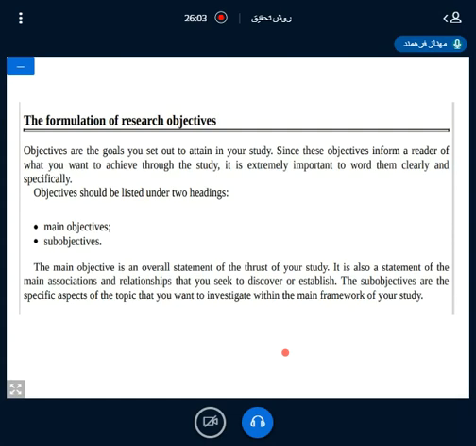Objectives are the goals you set out to attain in your study. Since these objectives inform a reader of what you want to achieve through the study, it is extremely important to word them clearly and specifically.